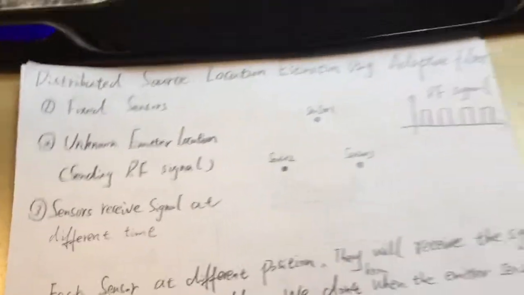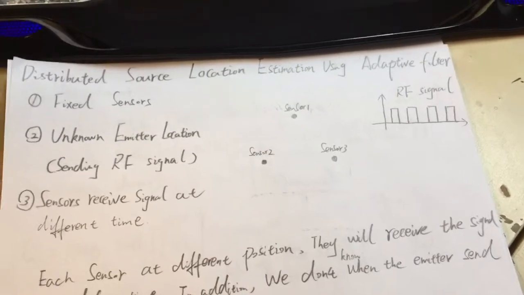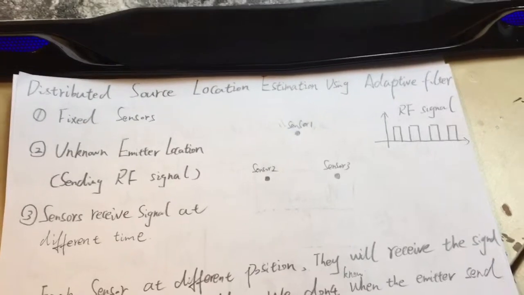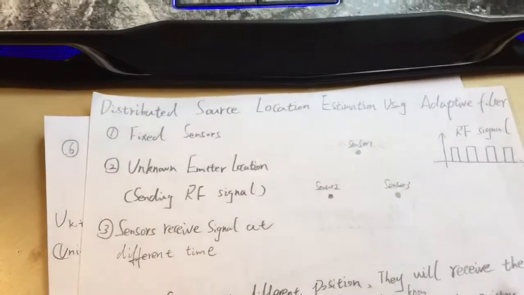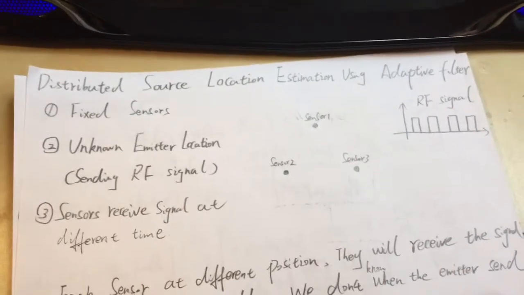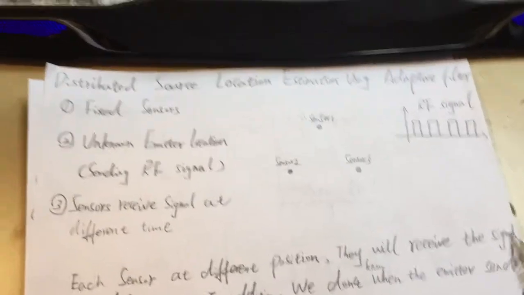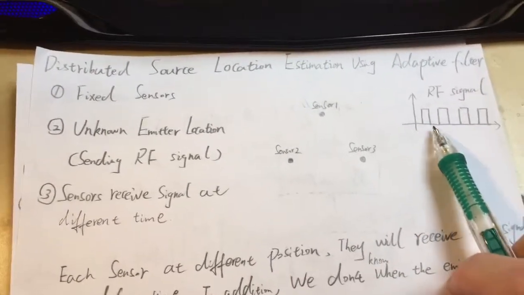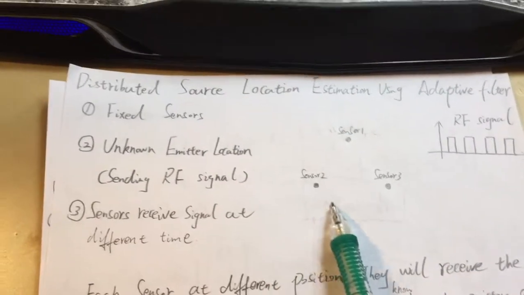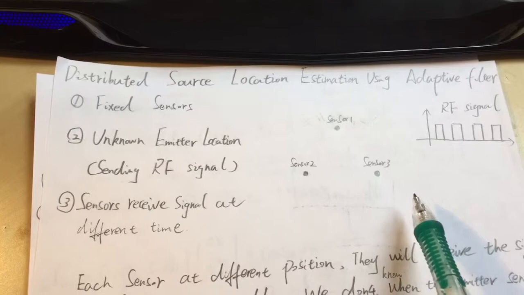Firstly, for the project, we will have fixed sensors, and we will have an unknown emitter. We don't know the location of the emitter, but the emitter will be sending an RF signal. We assume rectangular pulses. Here are three sensors, but it can be many more than that.